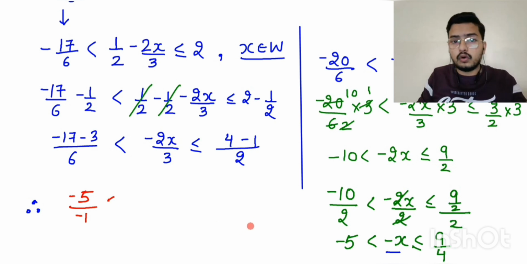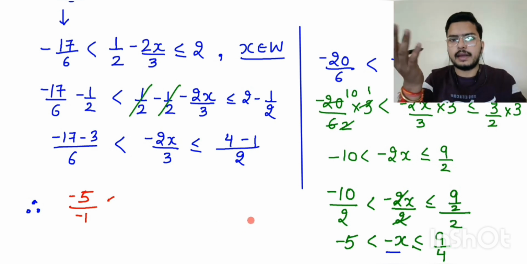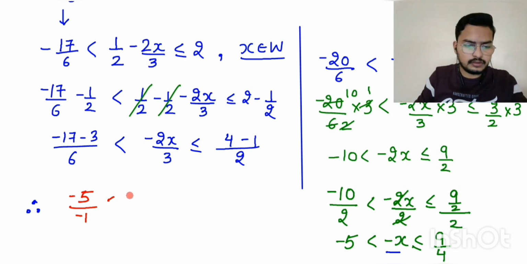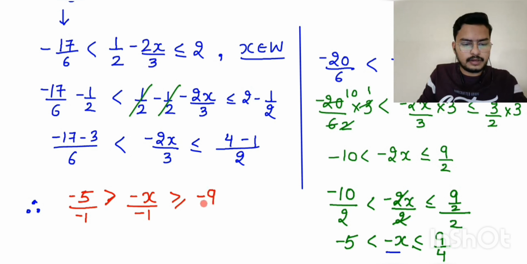Now you all know, whenever we divide by minus 1, or multiply with a negative sign, we have to change the inequality. So now I am changing the inequality, means this is greater, and minus x divided by minus 1 is again greater equal, that is minus 9 by 4. Or you can just see that this is 9 by 4, and I am dividing this by minus 1, right?